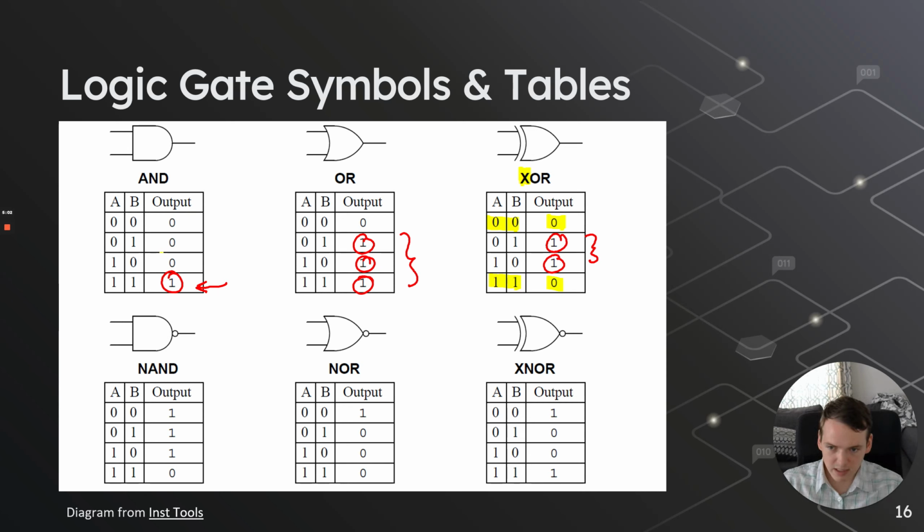The NAND gate is the opposite of the AND gate, and that's why it highlights those first three situations. The NOR gate is the opposite of the OR gate, so that's why it highlights the first one. And the XNOR is the opposite of the XOR, which is why it highlights the first and fourth.